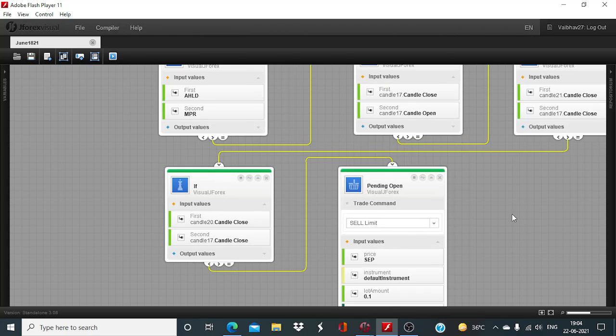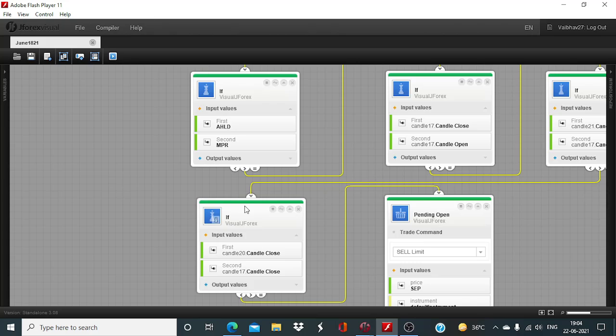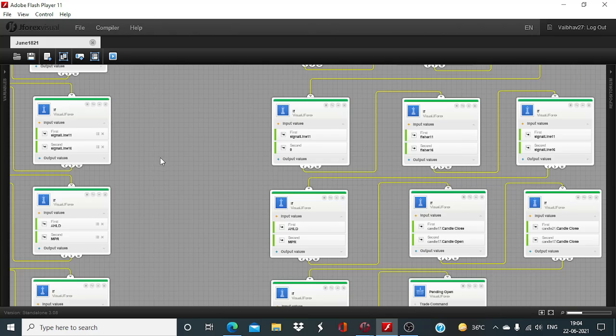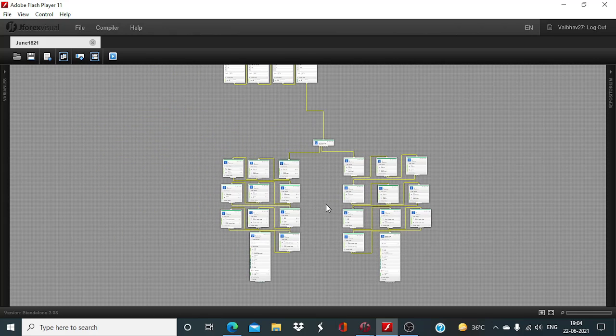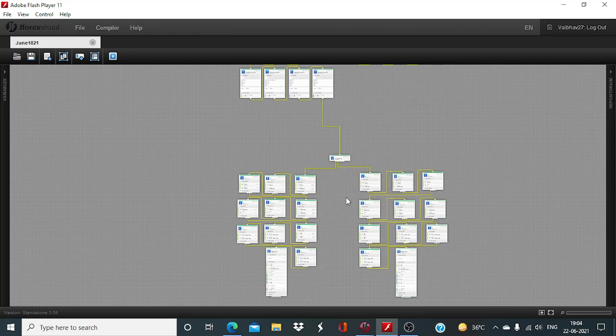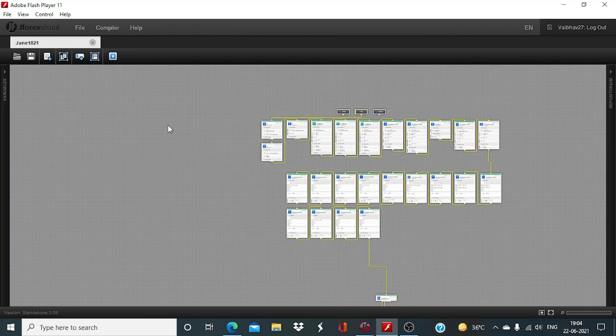Okay, and with this our sell side setup is also complete, and as you can see, it is symmetrical. The number of if blocks is the same as was the case with the buy side of the equation, and after that this trade command block has been added.